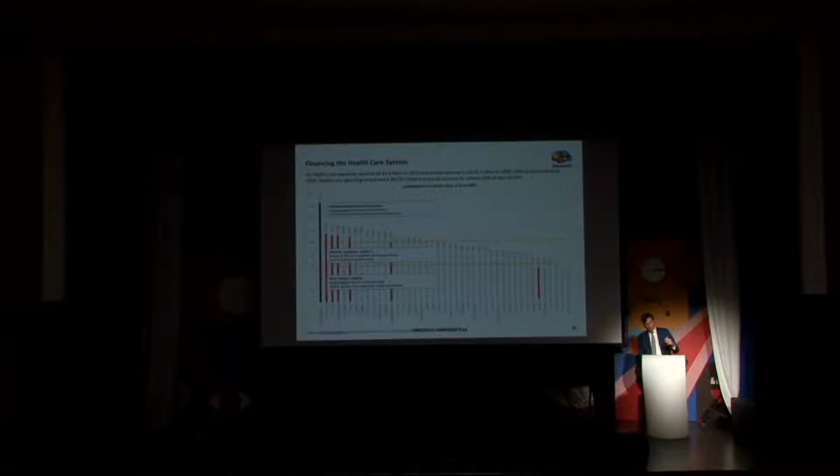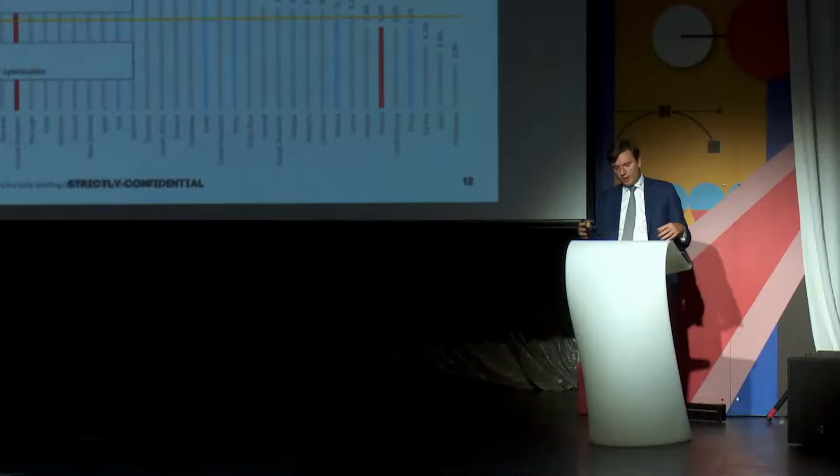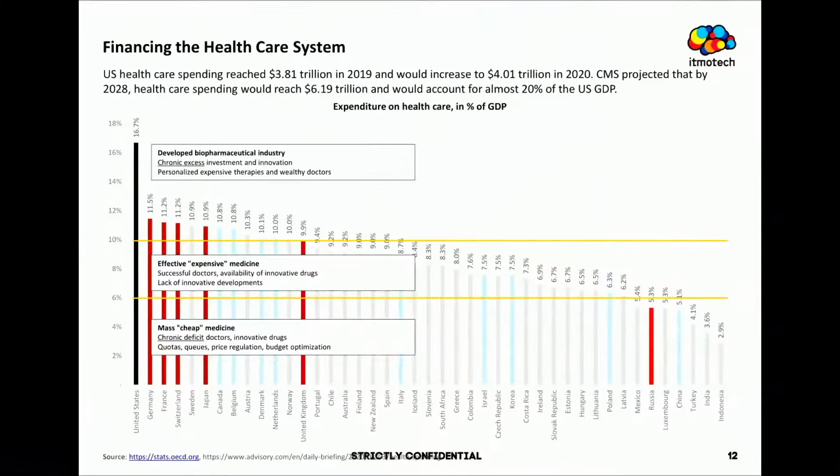But I would agree to that in terms of if you look at that, in case the percentage of the GDP for healthcare is low, then you normally create a very cheap medicine. If we only have 5% for healthcare, or less, as you see here, like in Indonesia, India, Turkey, China, and other countries, you would not be able to buy very expensive drugs.